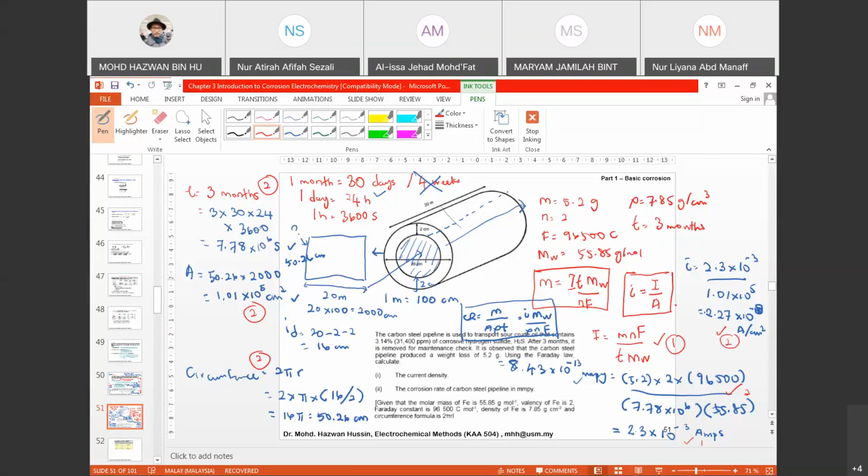Current density, and the corrosion rate also around 2 marks. If you count all together, 2, 4, 6, 8, and then 10 plus 4, around 14 marks already for this part.